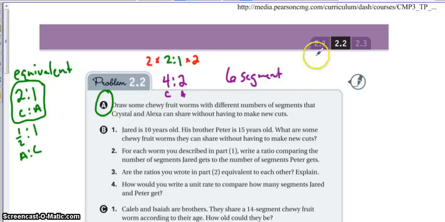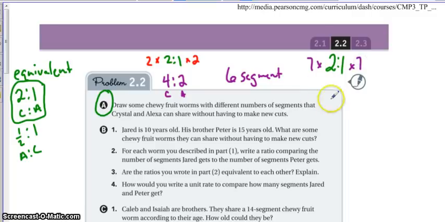If I took that original ratio of 2 to 1 and multiplied it by, let's do 6. Oh, we already did 6 earlier. Let's change that from 6 to 7.